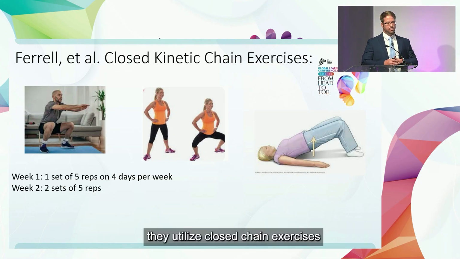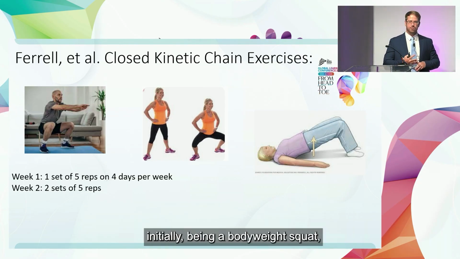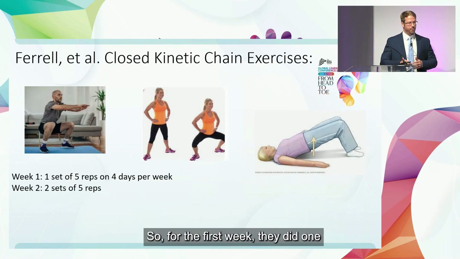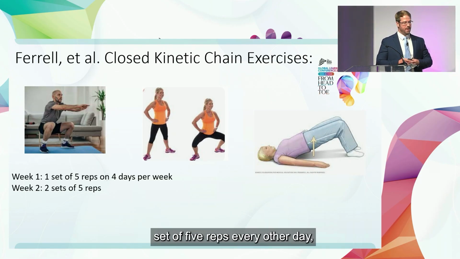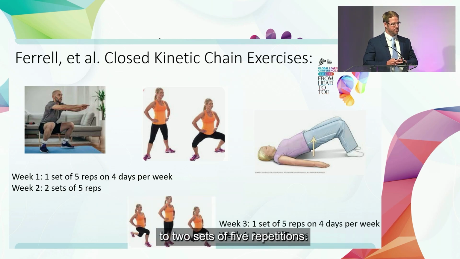They utilized closed chain exercises in their study. It consisted of 3 exercises initially, being a body weight squat, a plie, and a bridge. For the first week, they did 1 set of 5 reps every other day, and at week 2, they transitioned to 2 sets of 5 repetitions.